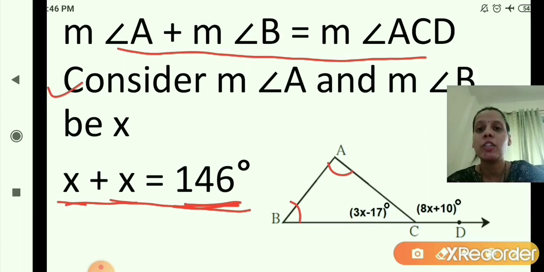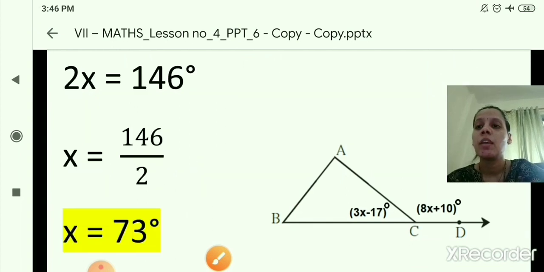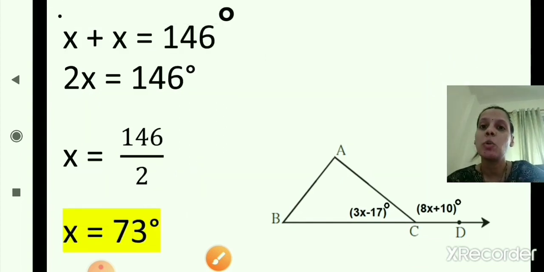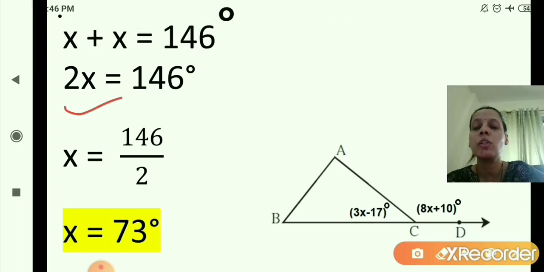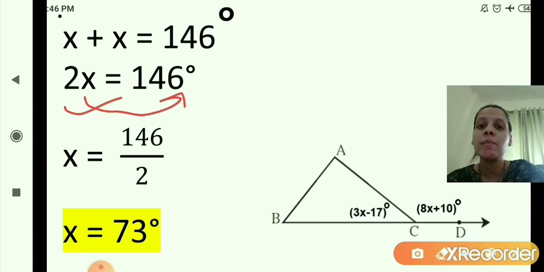Now, do the addition. x plus x, that is 2x, is equal to 146 degrees. As you can see here, 2x is equal to 146 degrees. So this 2 will go to the right-hand side, and it becomes divide.